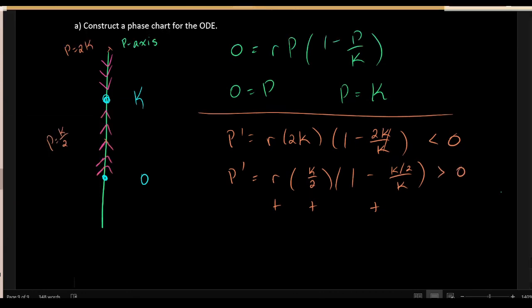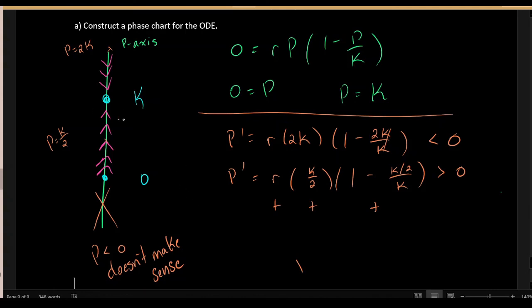Now, in practice, it doesn't really make sense to have a negative population. So I'm going to actually ignore this third region, just because a negative population doesn't make sense. If the population reaches carrying capacity, it will not naturally change much from that value. There would have to be some sort of disaster or migration event.